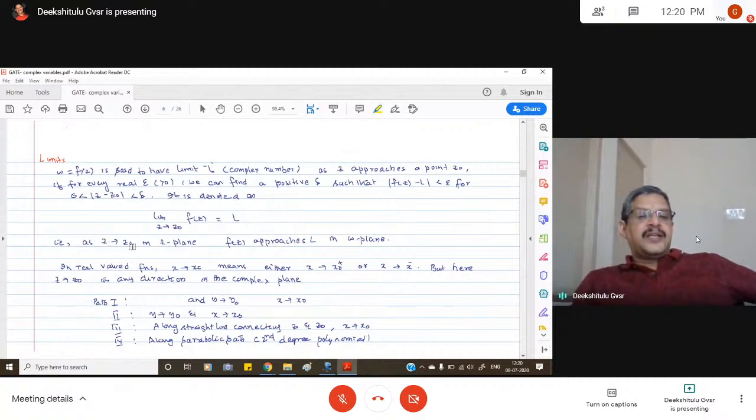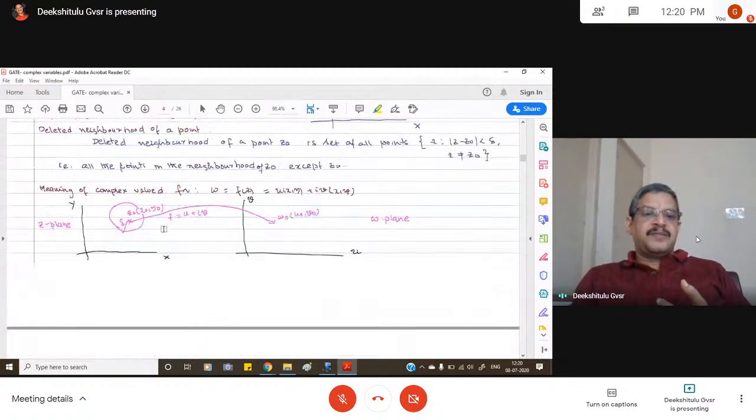That is, as z tends to z0 in the z plane, here in this diagram, I take a point z here, as z approaches z0, and this is f(z). By means of this transformation f = u + iv, we are getting a new point.